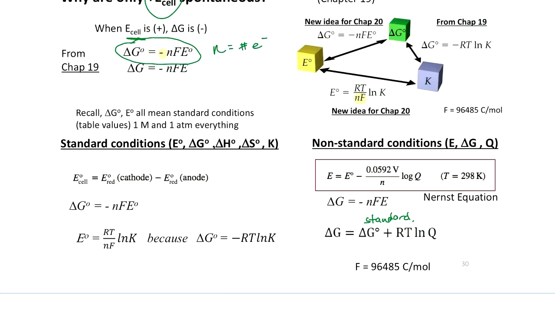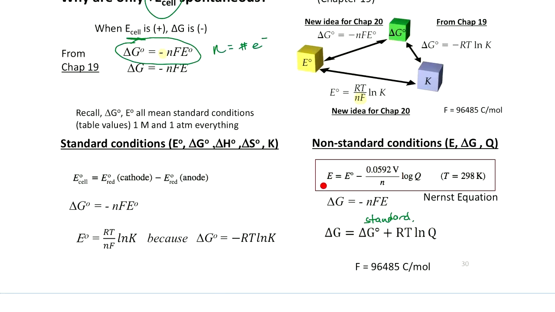We could also calculate Gibbs free energy at a certain condition, not at standard conditions, using Q, where Q represents the concentrations you actually have. And then you got a new delta G, and you were able to predict whether the reaction moves forward or in reverse. So just like we did for delta G at non-standard conditions, notice that there's no naught here. We can do the same thing with our cell potential.